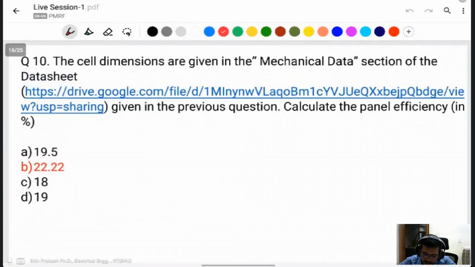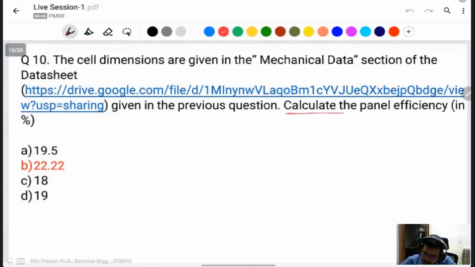Next question is given like the cell dimensions are given in the mechanical data in the data sheet. Then calculate the panel efficiency. Panel efficiency, you know, is P output divided by P in. P output is the maximum power, divided by input power.